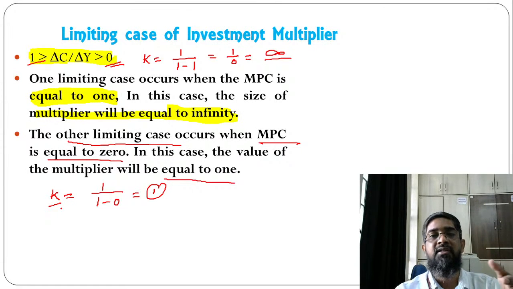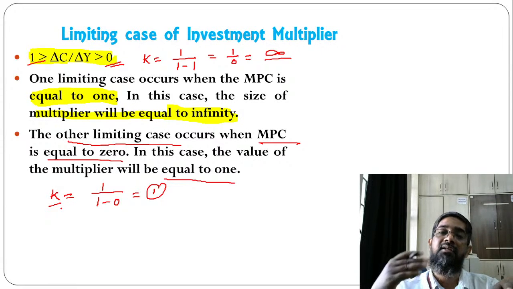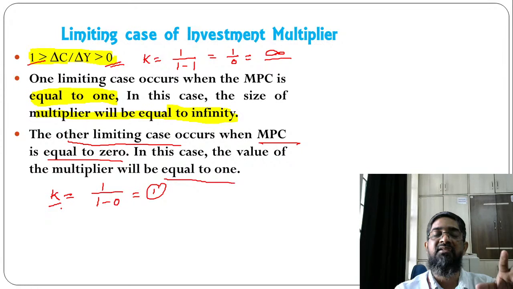Some part they save, some part they consume. Again the third person spends some part of his increased income, and this is how the investment multiplier goes on. Okay, so these are two limiting cases.